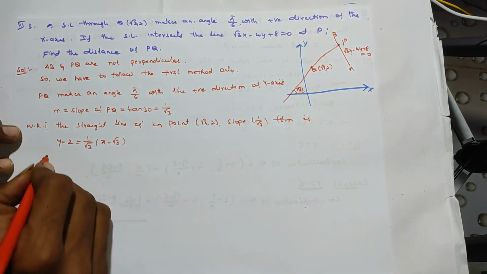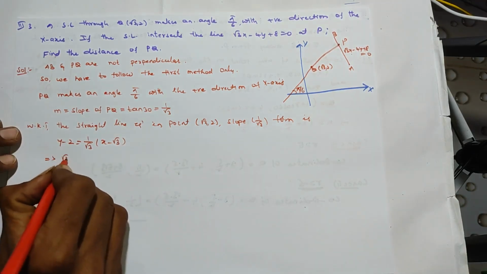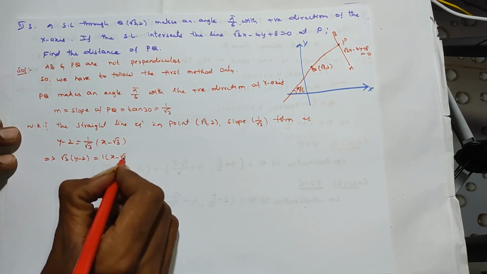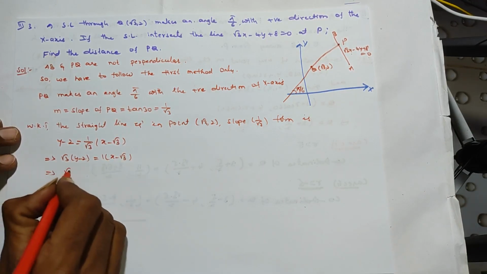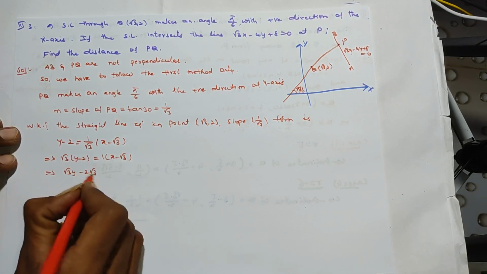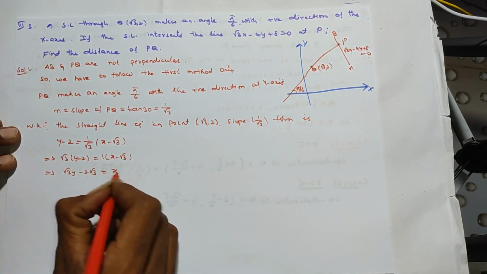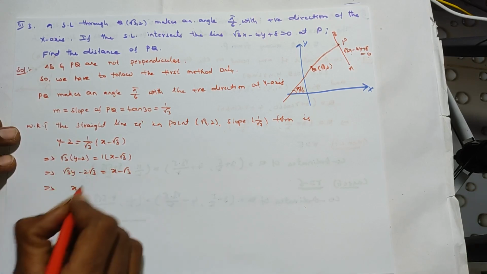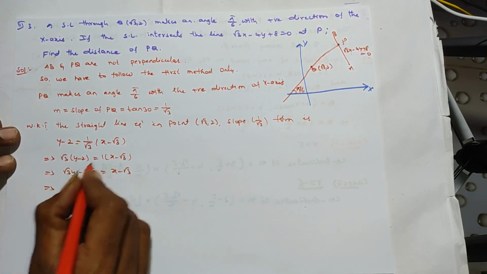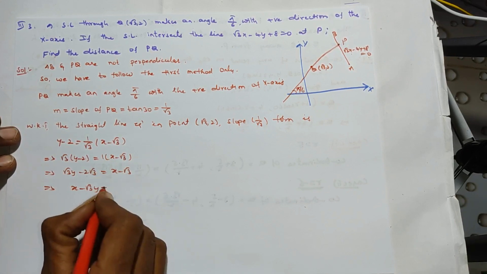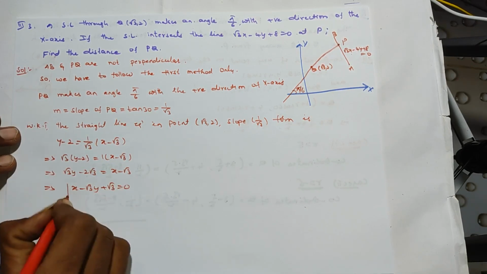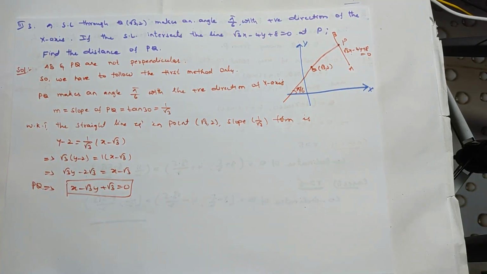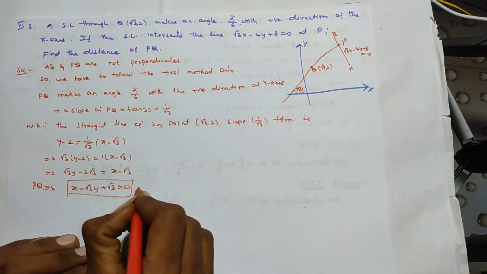Clear? So simplify it, you get root 3 of y minus 2 is equal to 1 of x minus root 3. So root 3y minus 2 root 3 is equal to x minus root 3. So finally the line equation is x minus root 3y plus 2 root 3 minus root 3, that is plus root 3, is equal to 0. This is the PQ line equation, equation number 1.